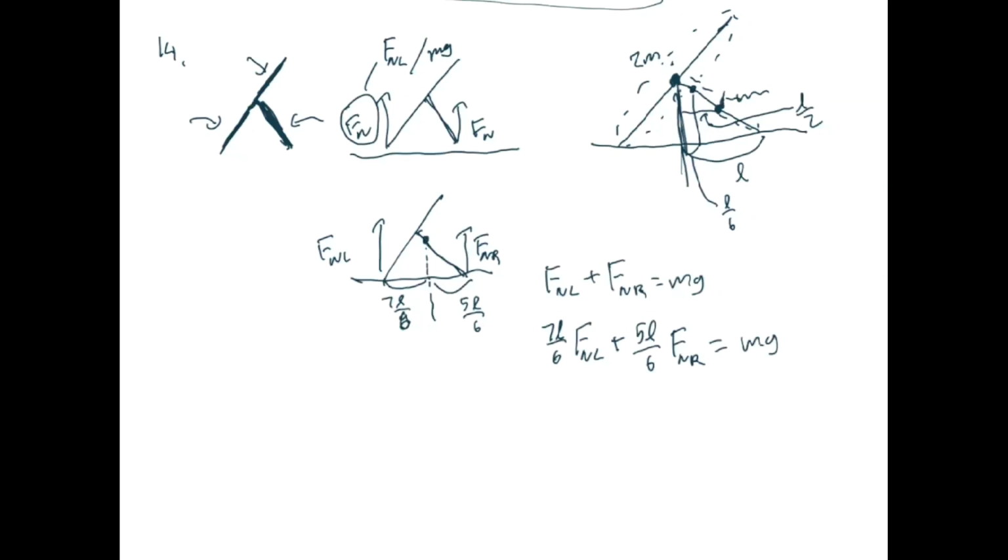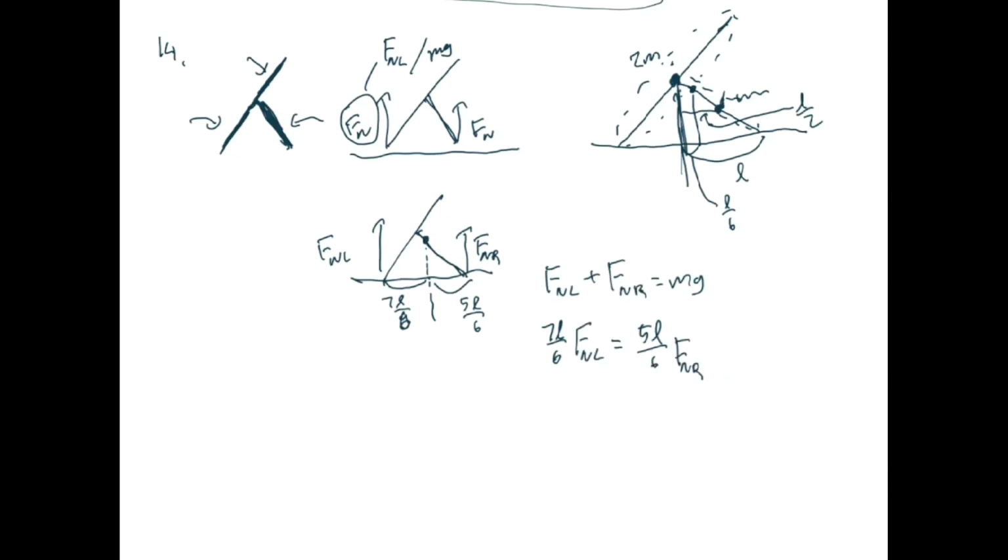Sorry, this is not the torque balance equation. I misspoke earlier. The torque balance equation is that 7L over 6 F_N,L is equal to 5L over 6 F_N,R.